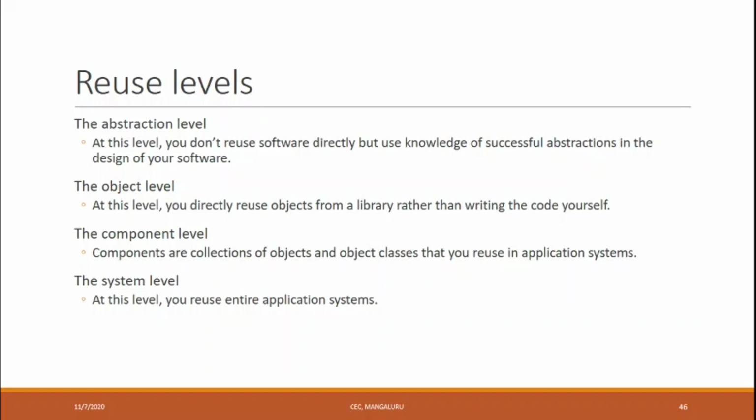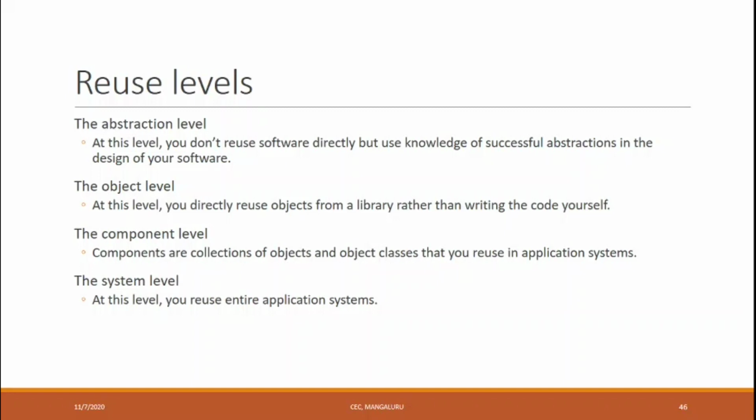In the abstraction level, you do not reuse the software directly but use the knowledge of successful abstractions in the design of your software. So design patterns and architecture patterns are represented as abstract knowledge for reuse.